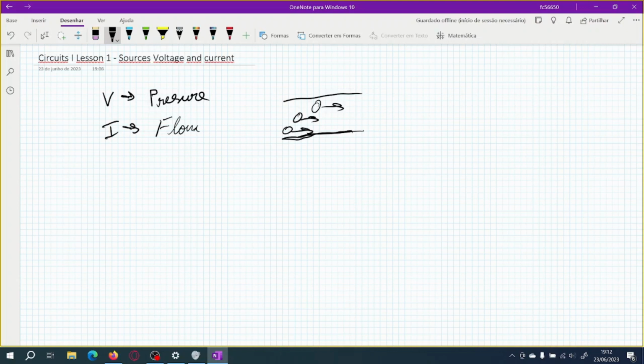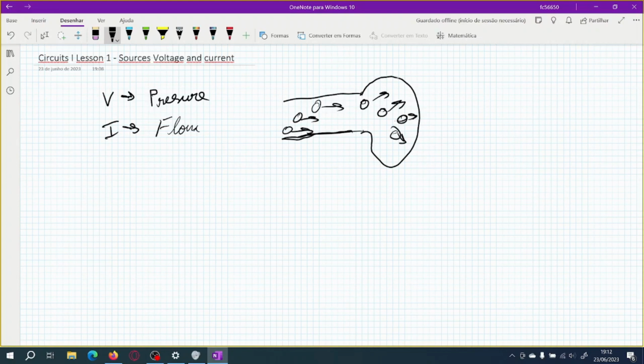For example, there is a component that we will study in the next lessons, which is the capacitor. The capacitor basically stores charge. So the capacitor acts like a balloon here: the water can't escape, but it can start to expand the balloon.